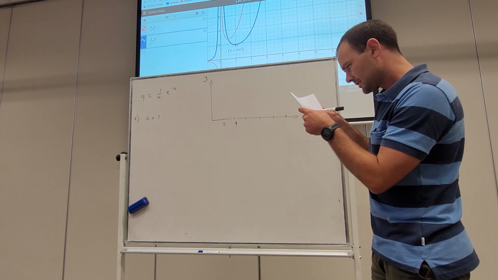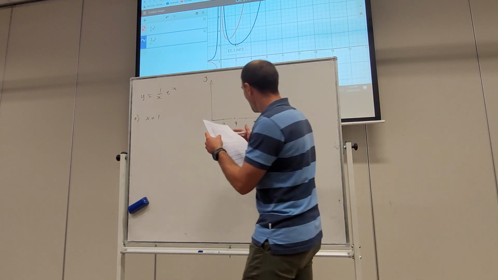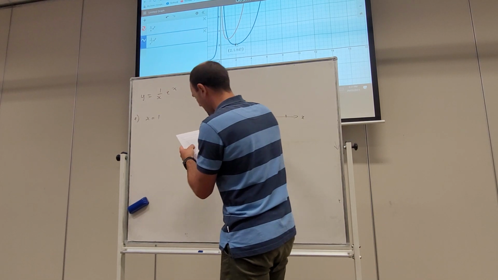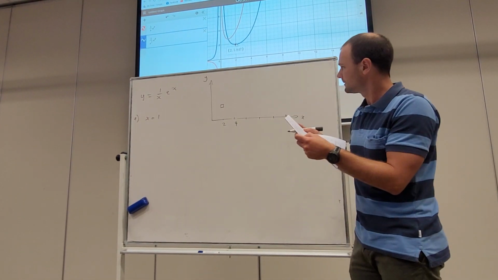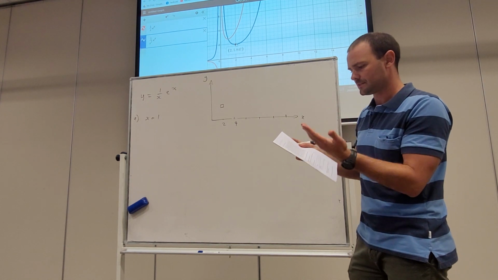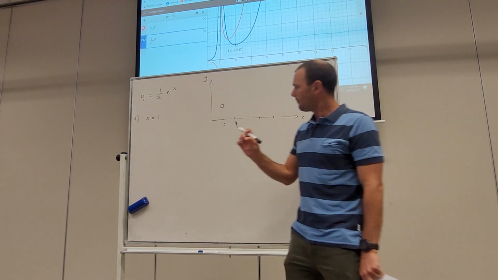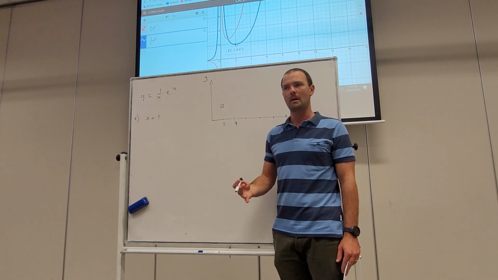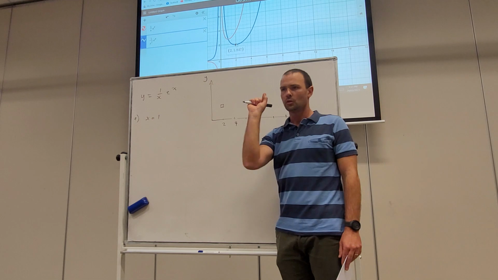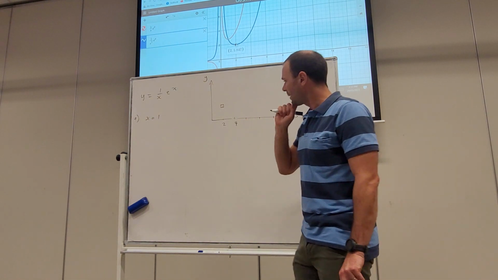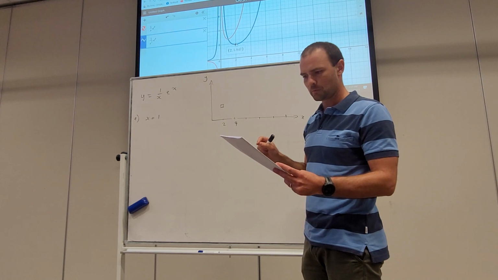When we're allocating marks, we're going to have a box, probably about the same size as one of the grid spaces. Your minimum has to be somewhere in that box, okay? For you to get the marks for the minimum point, your minimum needs to be somewhere in that box, all right? And you're only getting 2 marks here.